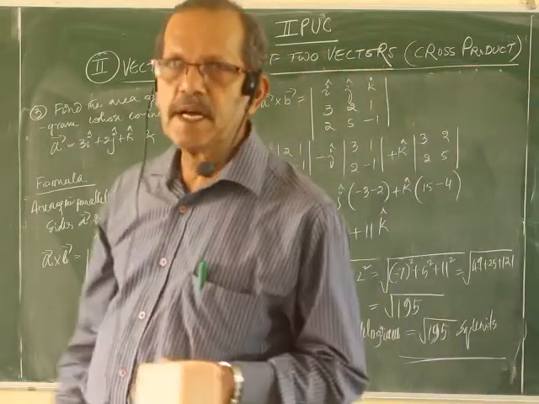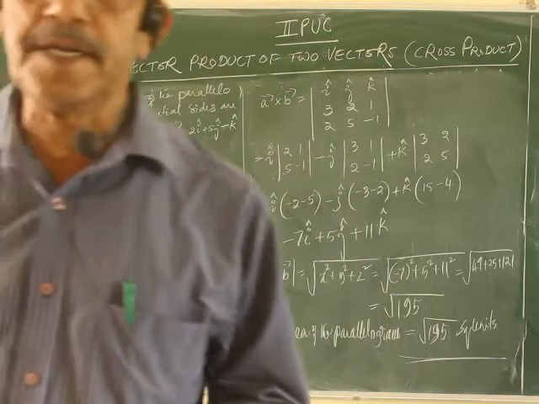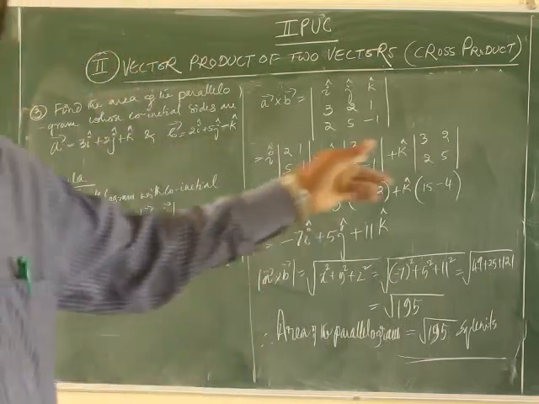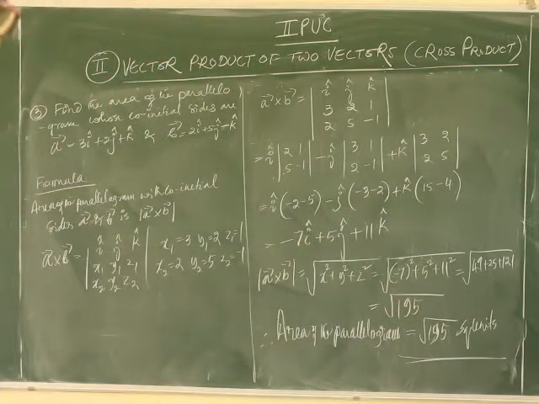A cross B is the common procedure, you have to do it. If you find the modulus of that, it is nothing but the area of the parallelogram.